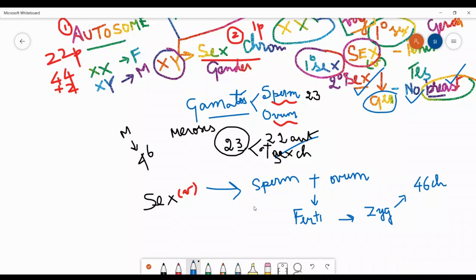Okay, 23 from the sperm donor, who is called the father in real life, and 23 from the ovum donor or the mother. So 23 from 23. For them to contribute equally, we need meiosis to produce 23 chromosomes in the gametes.